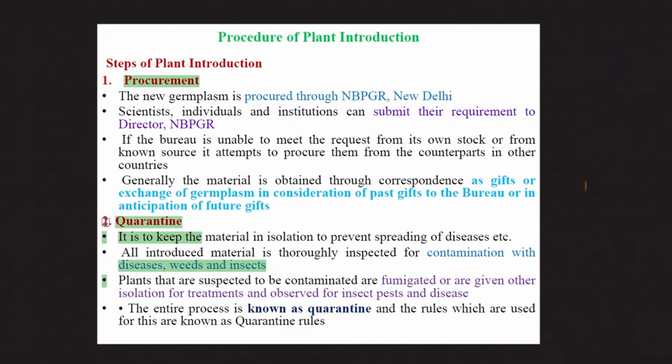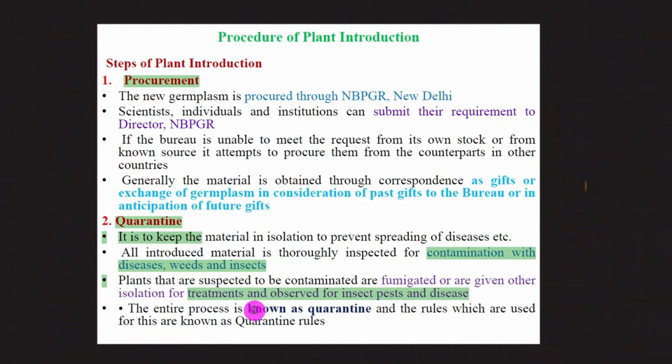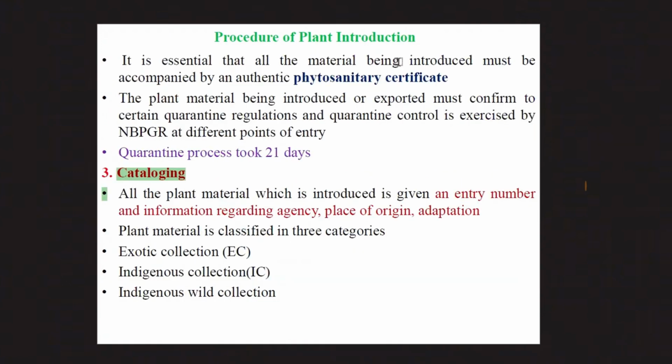Just like that, we should keep the plant in quarantine. In this process, plants that are suspected or contaminated are fumigated and given isolation for treatment, and observed for insects, pests and disease. This entire process is known as quarantine. The rules which are used for quarantine are known as quarantine rules, and the quarantine period should be 21 days.